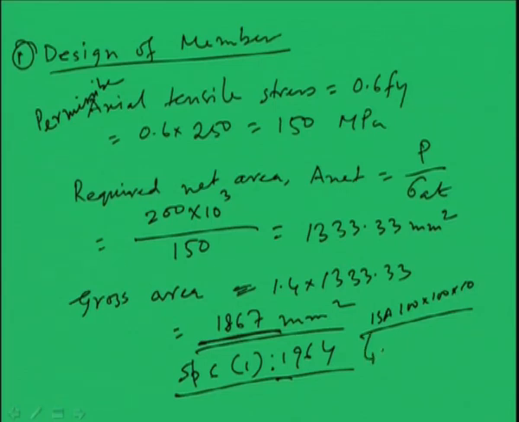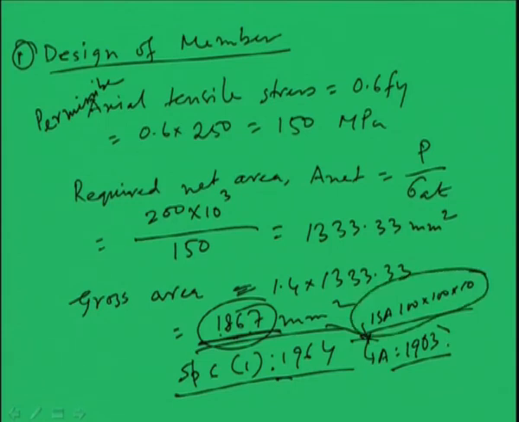For this, the area is 1903, which is closer to this one. So we have to find the closer section having an area nearer to 1867, but not less than this.